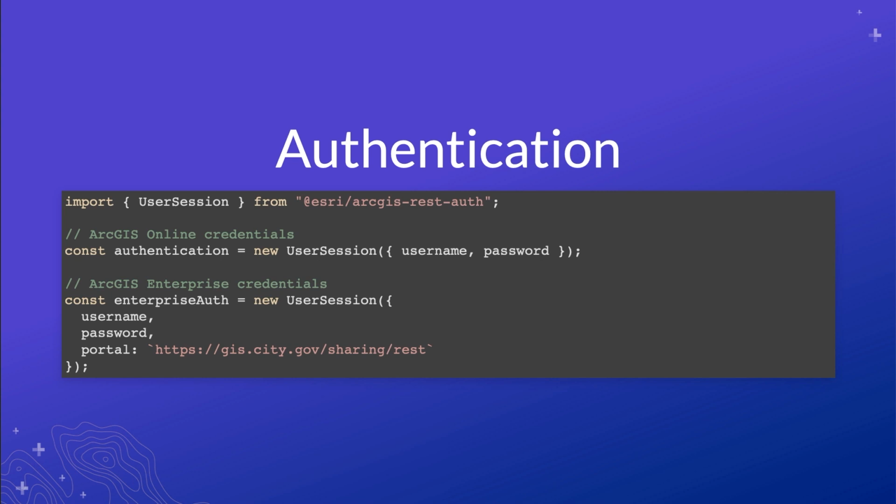This by itself won't fetch a token, but it sets up the config needed for making authenticated requests. It's similar to the JS API Identity Manager, if you're familiar with that, in that it stores a specific set of credentials. However, it doesn't handle multiple portals and doesn't present a UI to log in when a non-authenticated request fails.